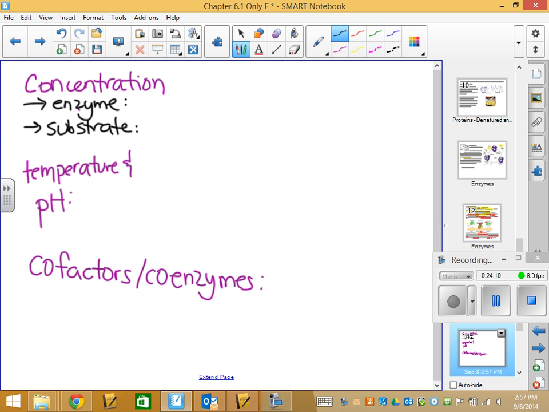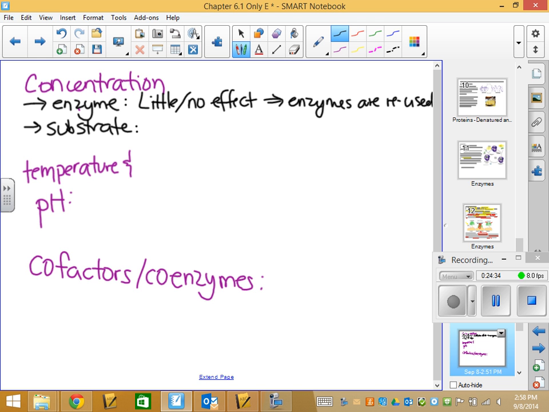Now the answer here would be little effect. Little to no effect, and the reason is enzymes are reused. I don't just use them once and then they're gone. The same enzyme can act over and over and over again.